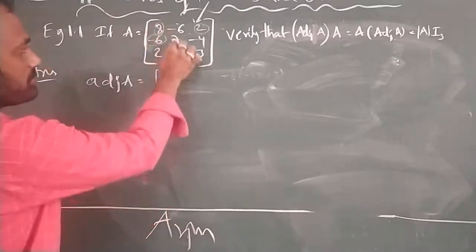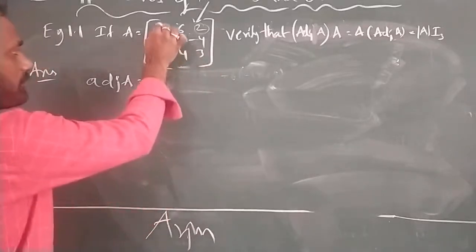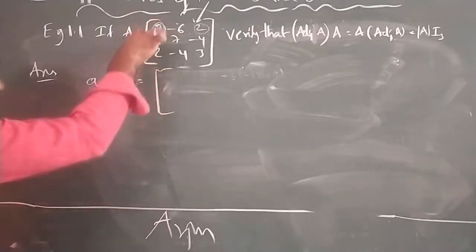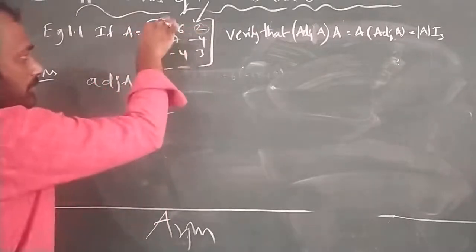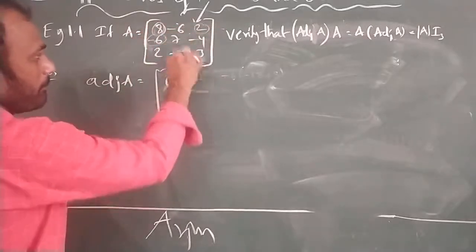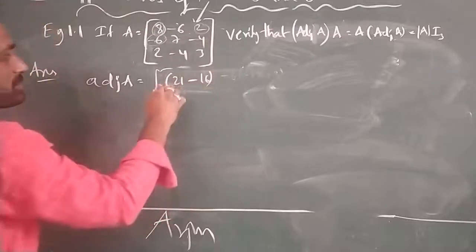So for this first one, 7 times 3 is 21. If I want the cofactor of 8, I have to delete this row and this column. So 7 times 3 is 21, minus 16, 21 minus 16.